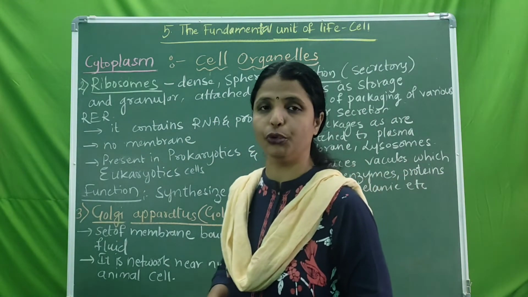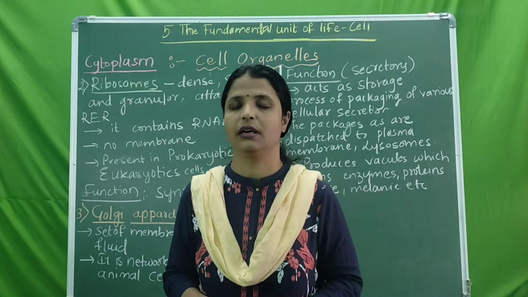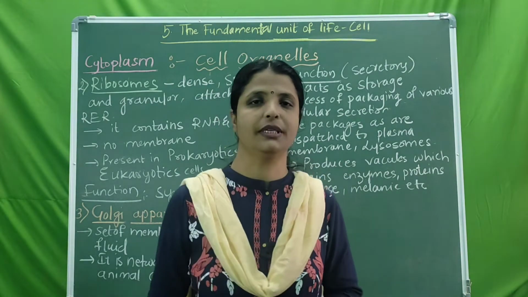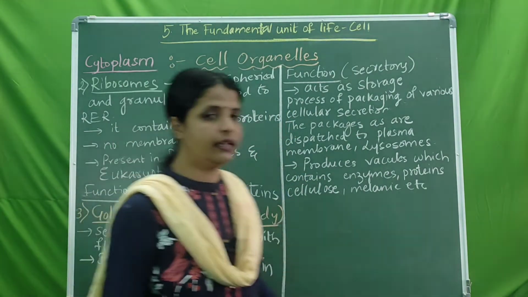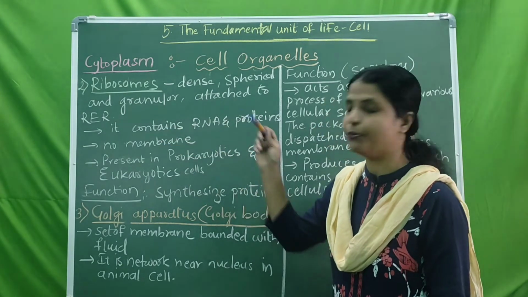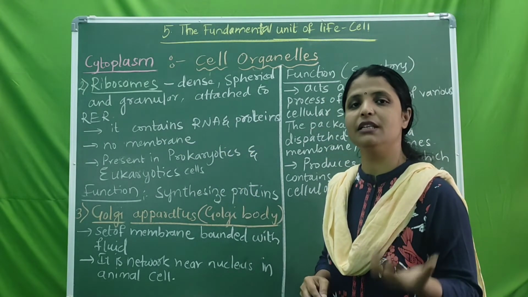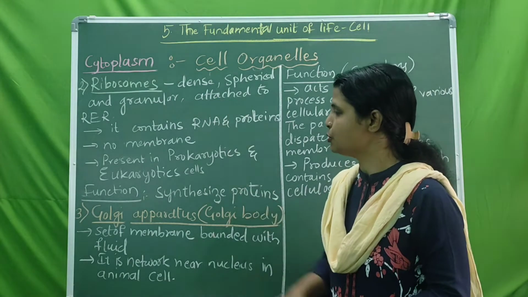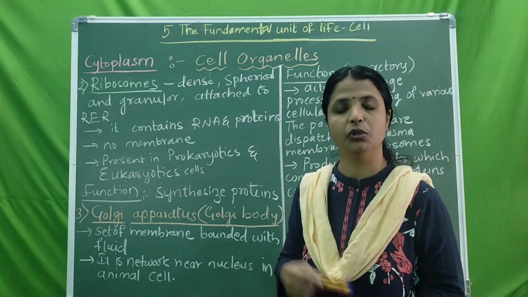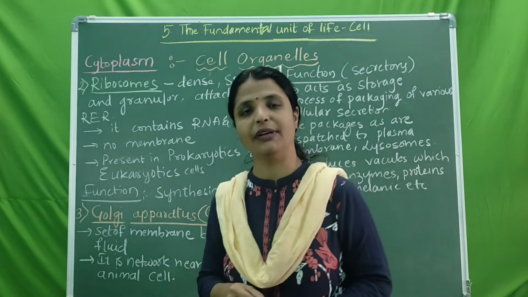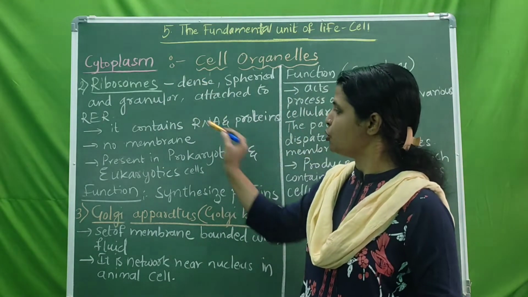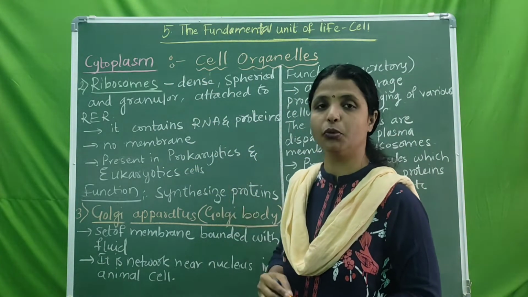Last class I told you what RNA is, that is ribonucleic acid, and they also have proteins present in them. Then, they do not have any membrane. So the membrane is absent in the ribosomes. Then they are present in both prokaryotic and eukaryotic cells.